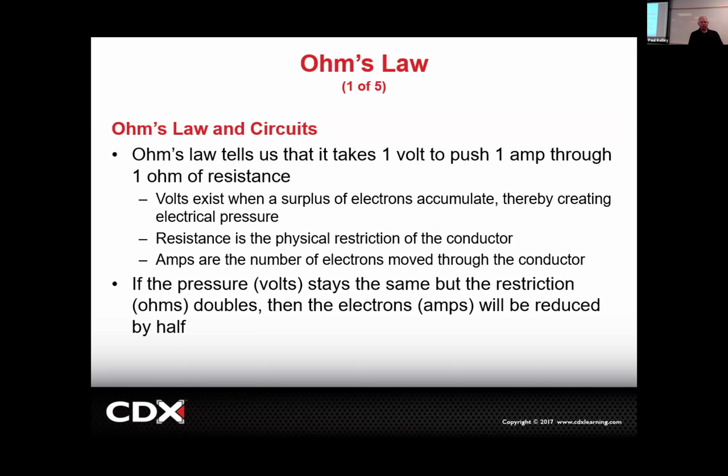So if you start with a battery at 12.6 volts, what we're really measuring is the electrical pressure difference between the positive and the negative. So if the positive has 12.6 and the negative has 0, there's a difference of 12.6 volts. Makes sense? And those electrons will try to flow until we're at 0.